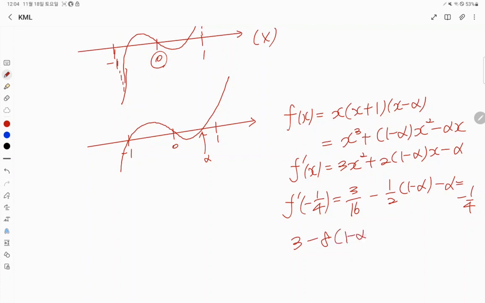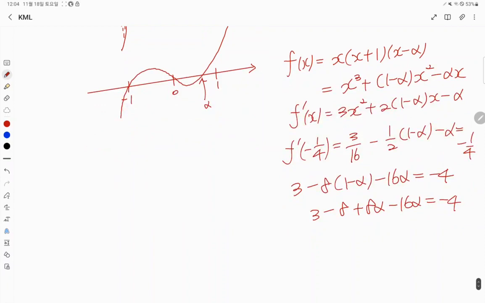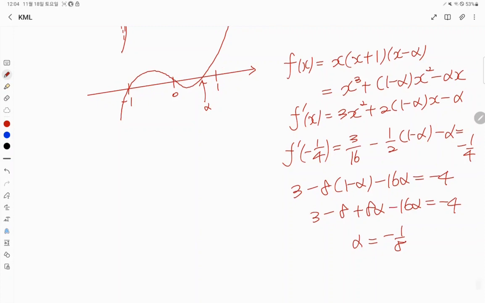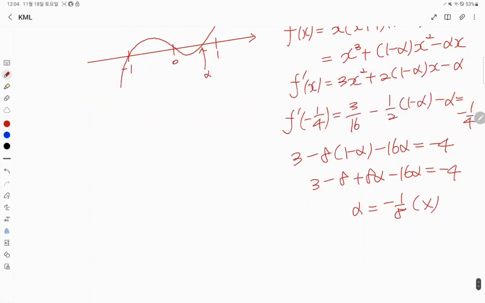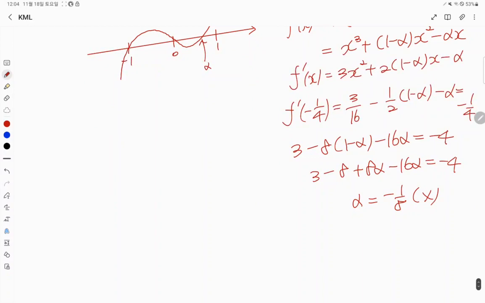So let's multiply 16 to both sides. In this case, the value of alpha is minus 1/8, and because alpha should be a positive number, this is not the case we want.